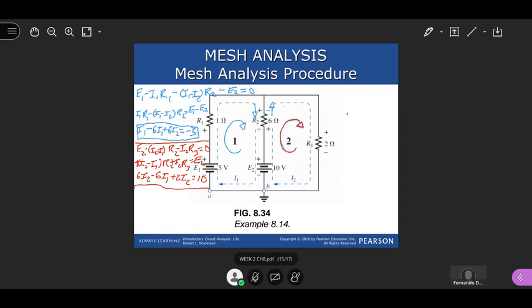So let's rewrite this equation in a more simpler way. I'm going to write equation number 1. I will take common factor for I1, right? So you see I1 in the first one is I1 minus 6. Then it's going to be minus 5. I'm sorry, guys. I made a mistake.